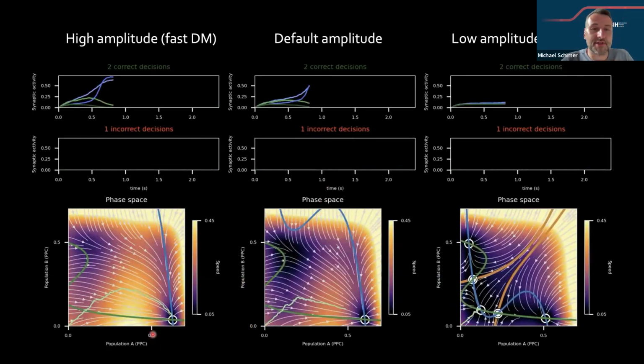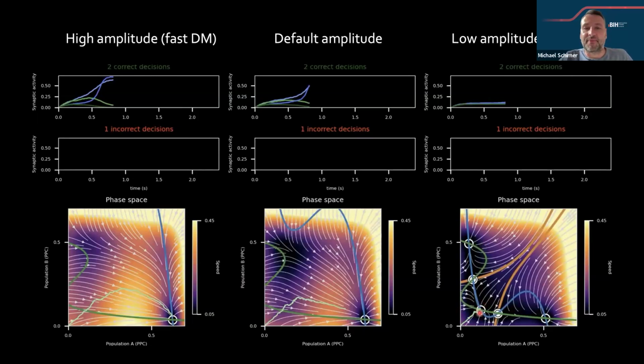control the video, unfortunately. But what I wanted to show here basically is that with the lower amplitude, the slower decision making, we gain a new attractor down here. This is a low activity attractor. And this allows us to collect evidence. This gives us the time to collect evidence and not immediately ramp towards one outcome.